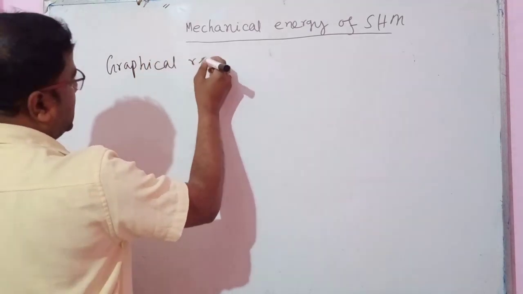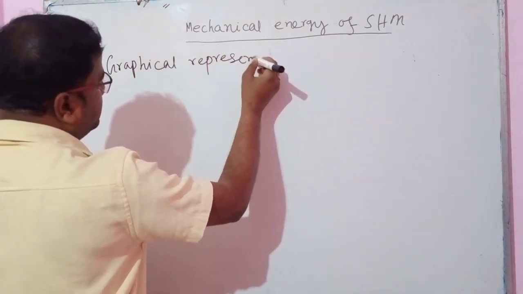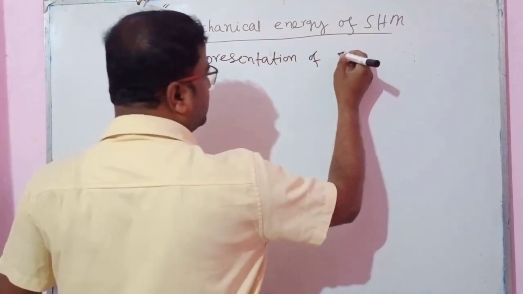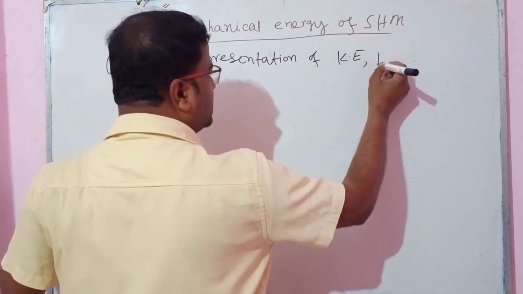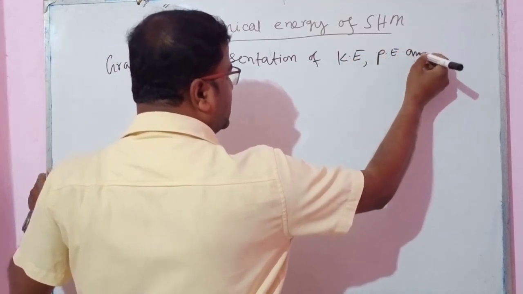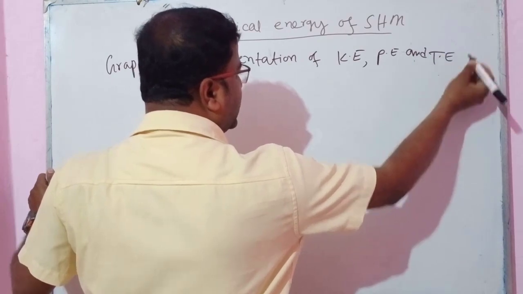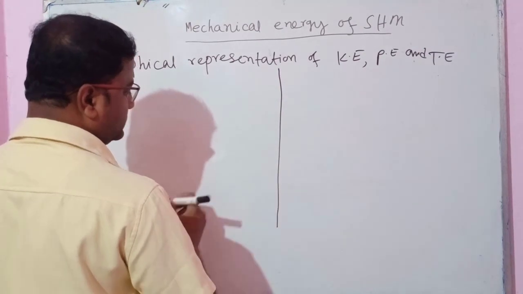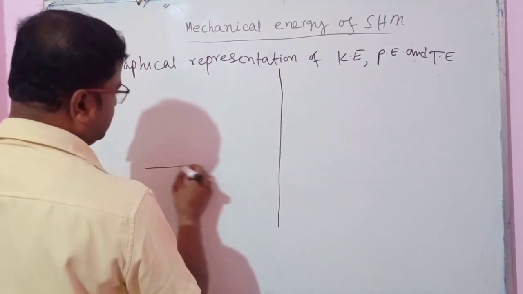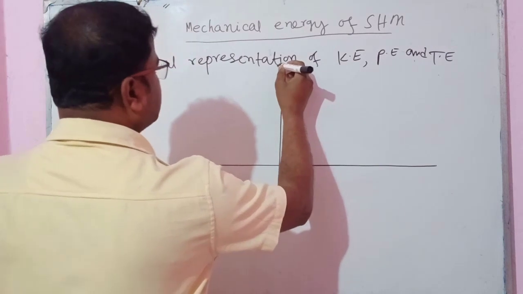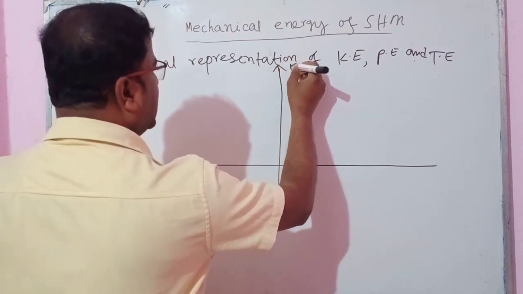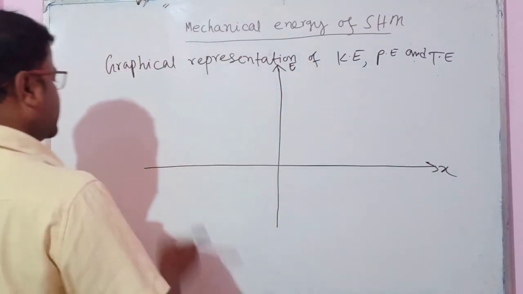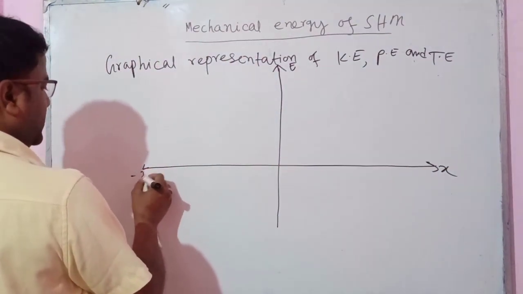Graphical representation of kinetic energy, potential energy, and total energy. Along this direction we take the energy, and this is displacement x, and this is negative x.